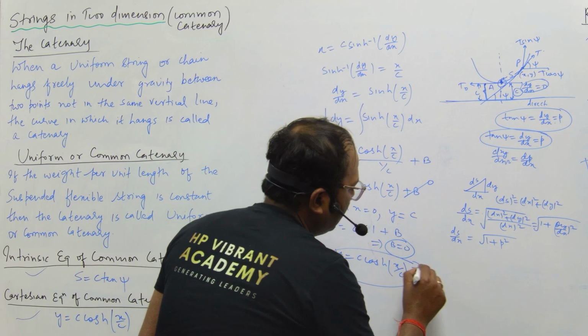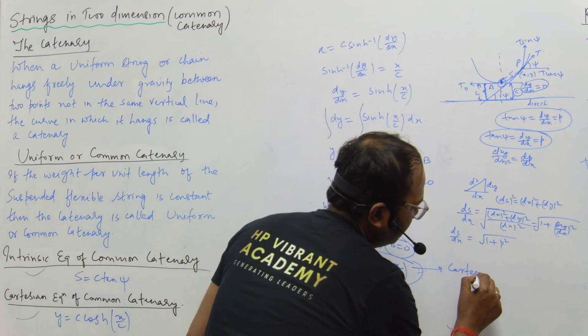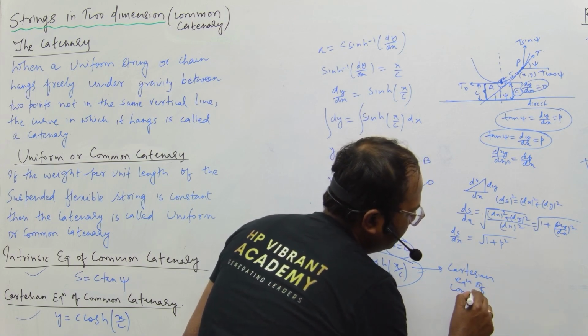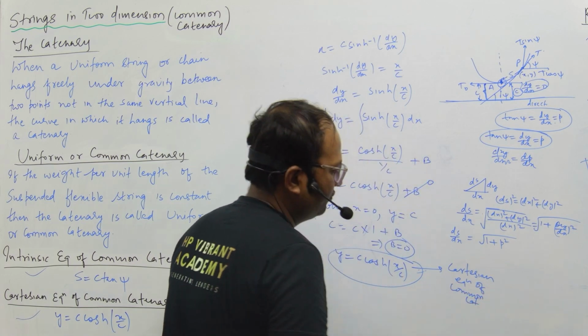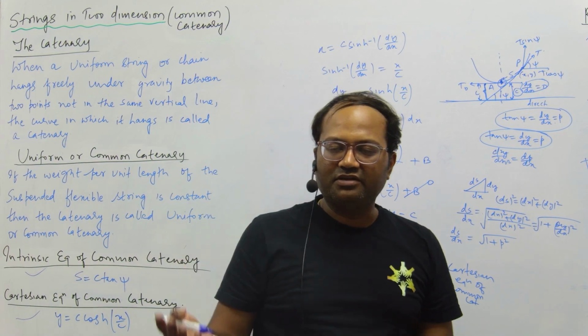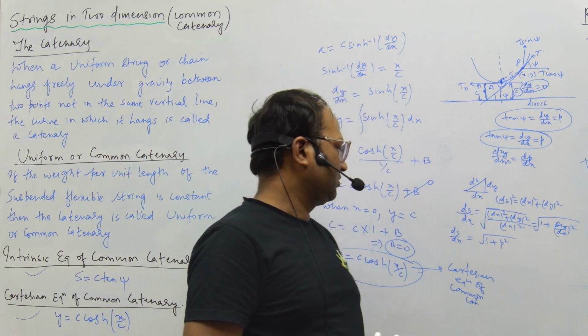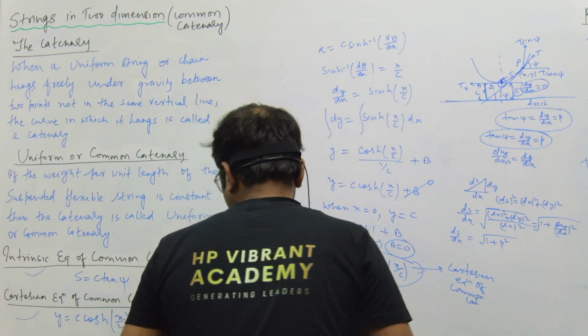So this is the Cartesian equation of the common catenary. So we have two equations: the first one is the intrinsic equation, and the second one is the Cartesian equation. Let us write them down here.